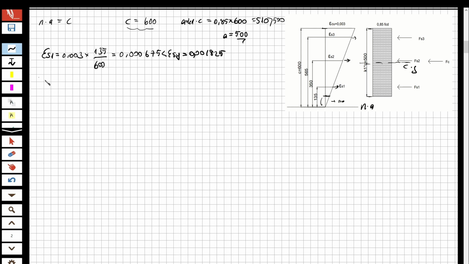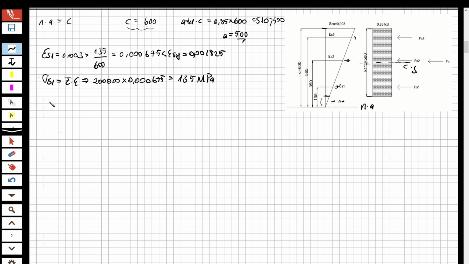So I'm going to calculate the stress of the steel. If you remember, it is the modulus of elasticity multiplied by the strain of the steel. So it's going to be calculated like that. 200,000 multiplied by 0.00675, and this is going to be equal to 135 megapascal.